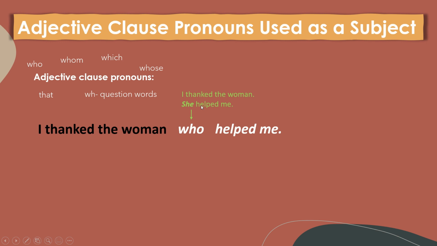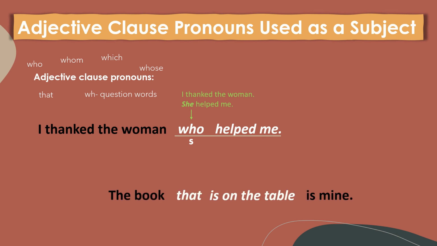If in the original sentence, the pronoun is in the subject position, then you can use this pronoun. Okay? If the one you talk about is the subject of the sentence, you need to use this pronoun, who helped me. See, it's the subject and this pronoun becomes the subject of the dependent clause. Who helped me? You don't need she anymore because it is represented with who.